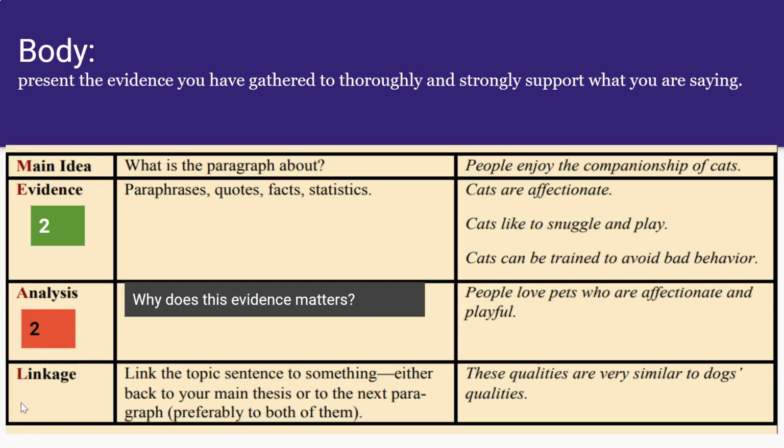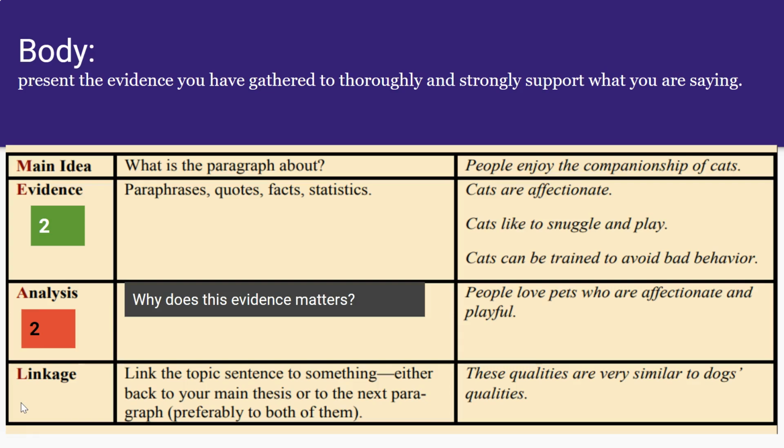So your very first sentence will be your main idea or topic sentence. What is this particular paragraph about? This information is going to come from your thesis statement. That first point, that first reason that you identified in your thesis, you will turn that into a topic statement for your first body paragraph.